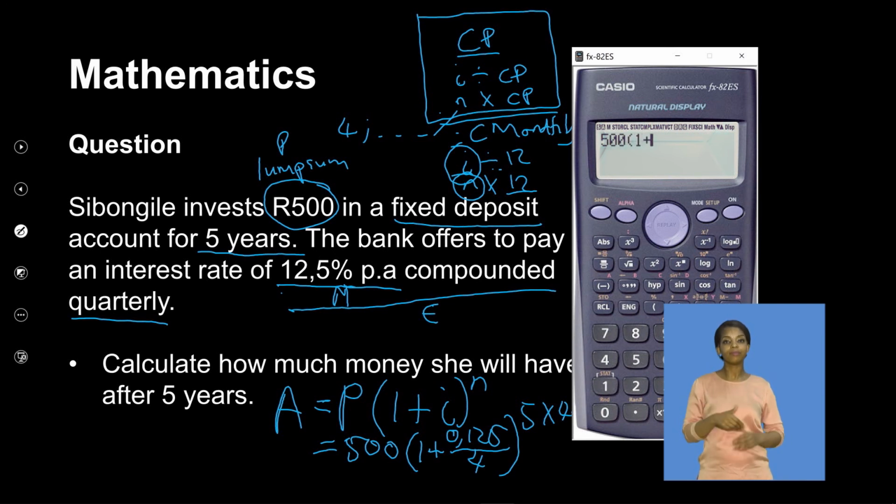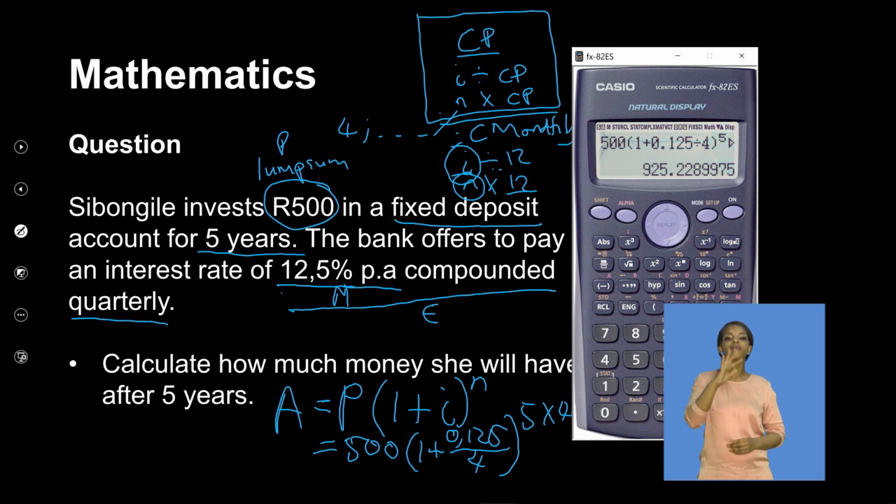It will be 1 plus, remember 0,125, and this is divided by, or let me just use a, okay, 125 divided by 4 because it's compounded quarterly, and then this will be to the exponent of 5 multiplied by the 4, and this will give me that amount there. So that will be the total amount that Sibongile will have at the end of 5 years.